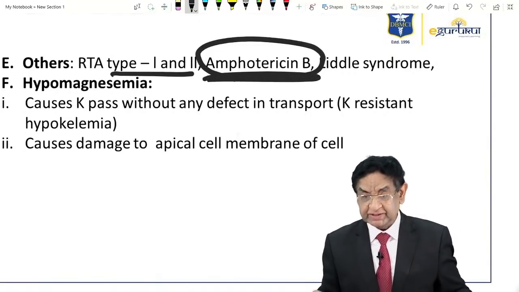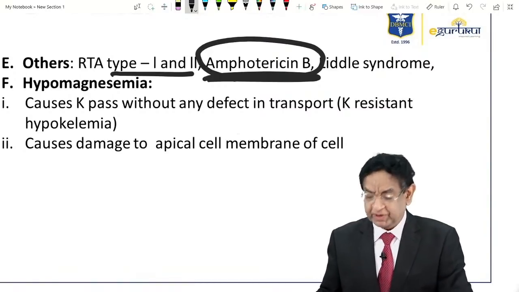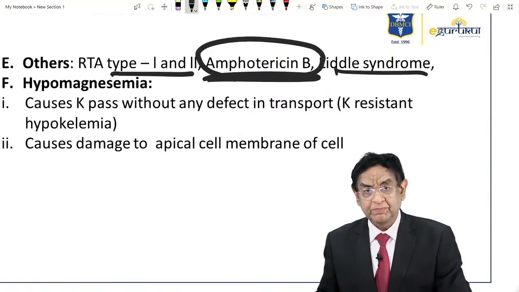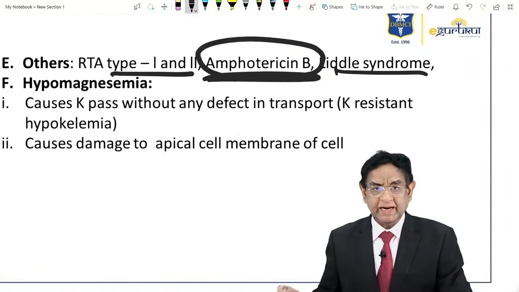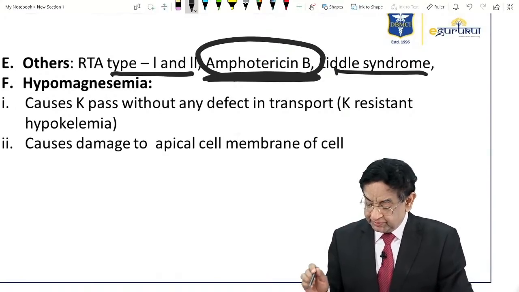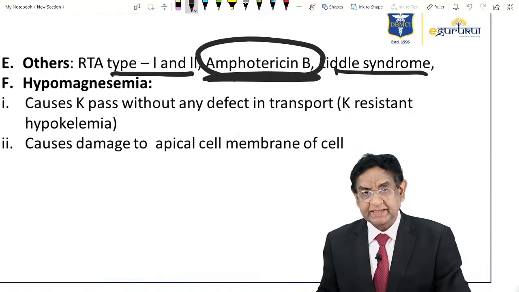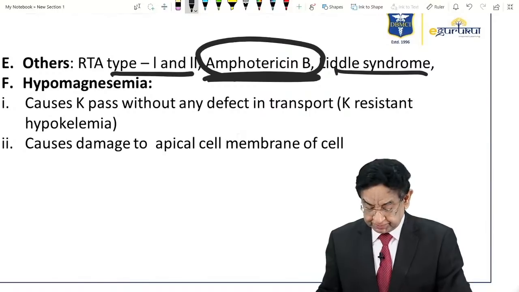But this is the one thing you should not forget. Very, very important question, very frequently asked. Liddle syndrome, I have discussed in one test. In test number 1, I discussed this point also. If you want to see more detail, you can see my test and discussion, test number 1. It is there on YouTube also.